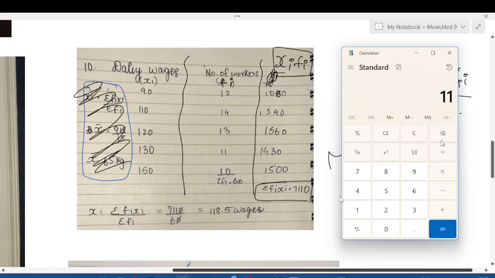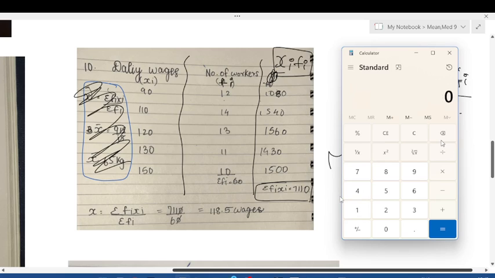1080 is correct. Next, 110 into 14. 1540 is correct. Next, 120 into 13. That's 1560. Correct. 130 into 11. 1430.